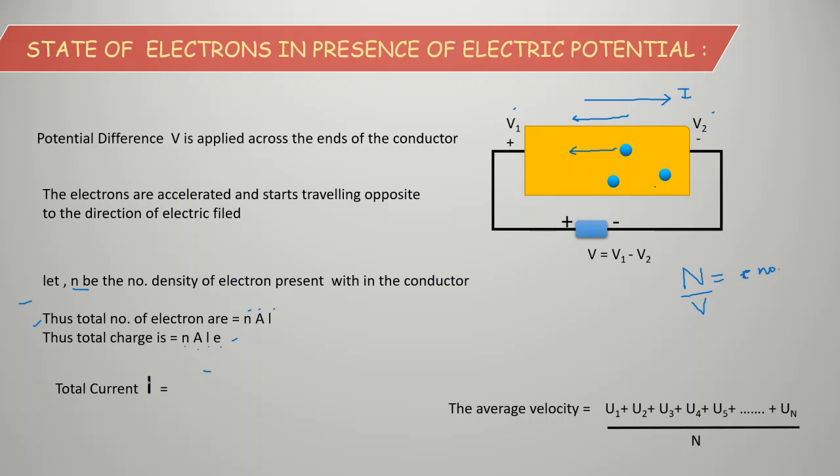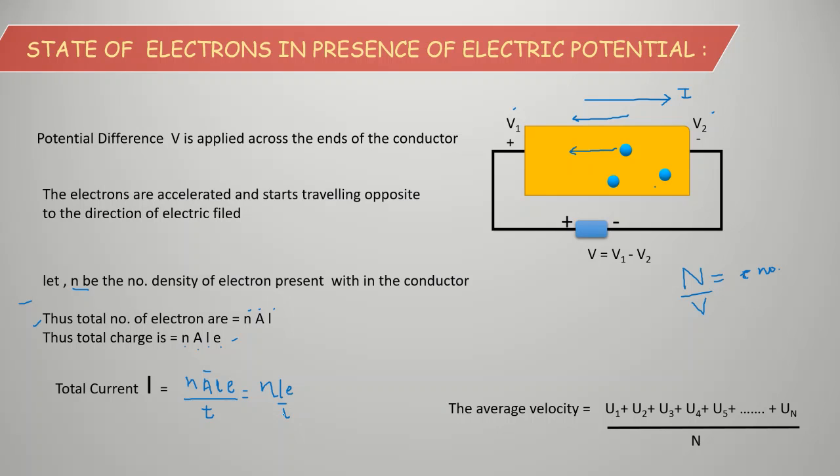So thus the total current will be total charge, that is nALe, divided by time, as the rate of change of charge flowing, and hence we can obtain it in the form of nLe over t.